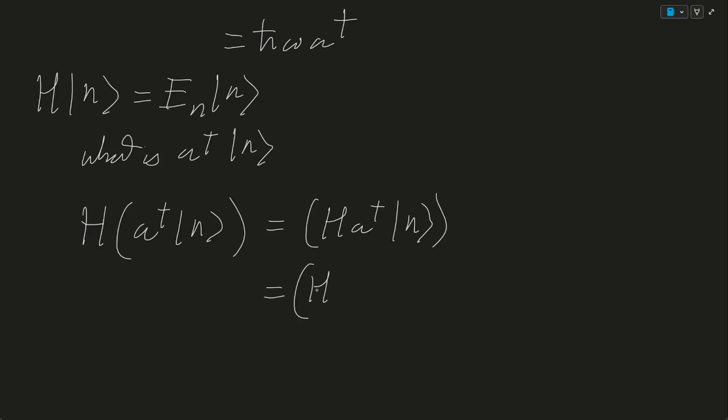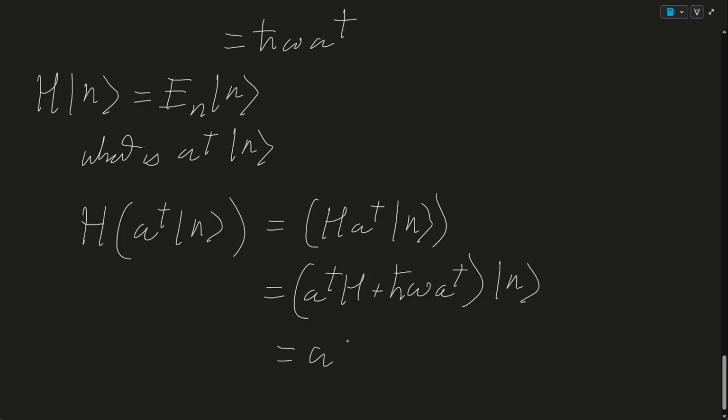This may seem stupid because this is making my expression bigger, but you will only have to wait and see momentarily as to why this is actually the coolest thing ever devised. We can pull out the a dagger, and this is going to be H n plus ħω a dagger.